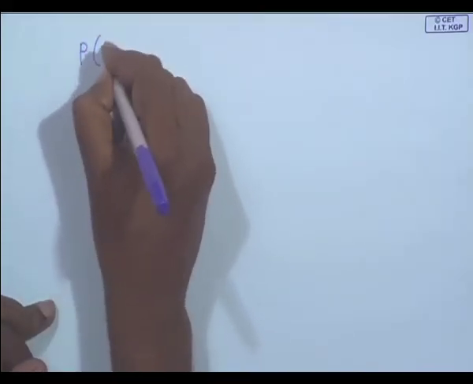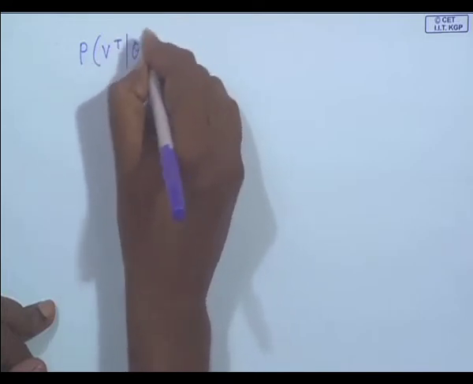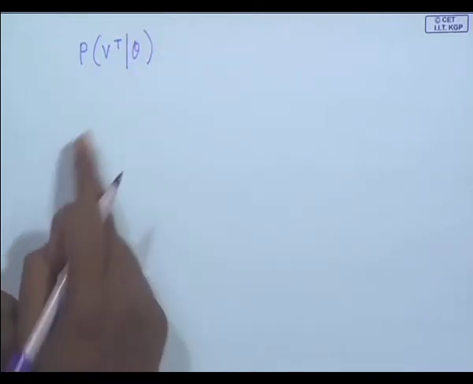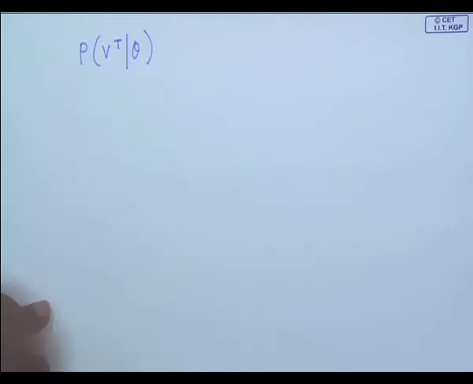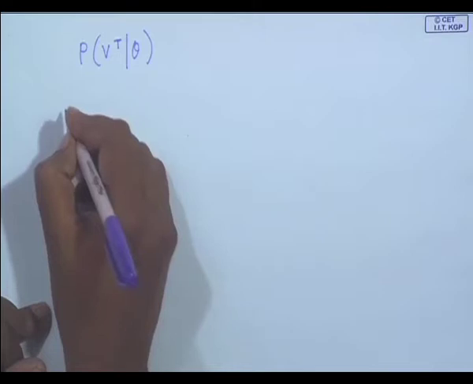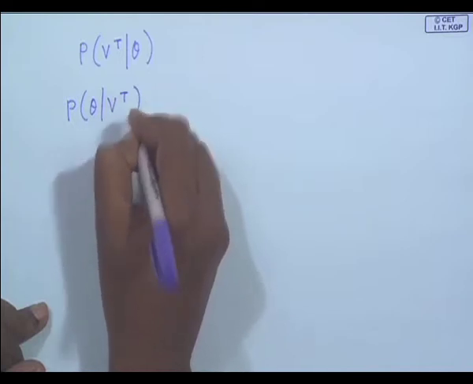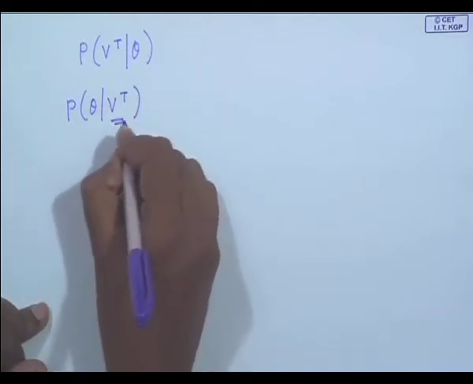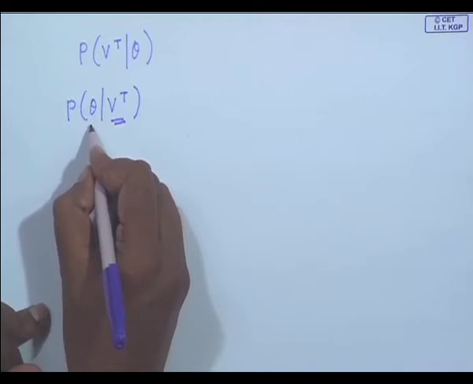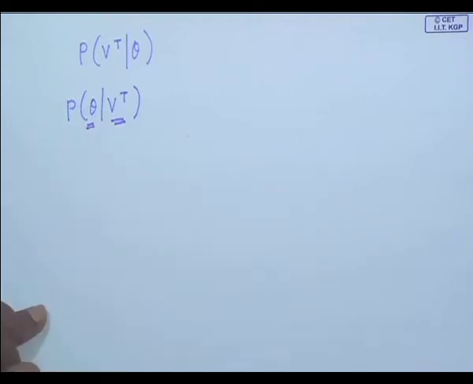In the same manner, in this case of the hidden Markov model with a sequence of visible symbols, what we are finding out is P of V t given theta, that is, the probability that V t has been generated by theta. But what we need for classification is P of theta given V t, that is, given this visible sequence, the probability that this sequence belongs to class theta.